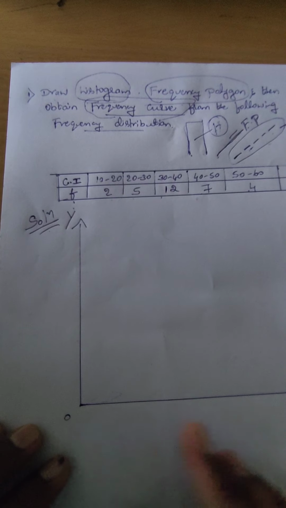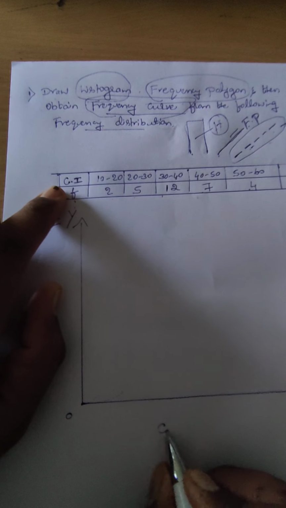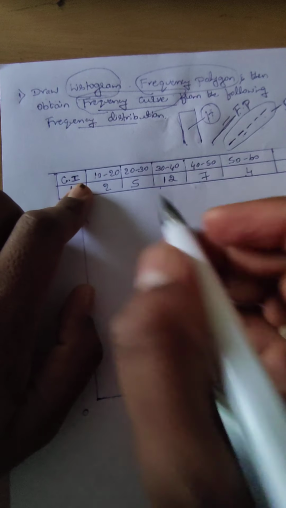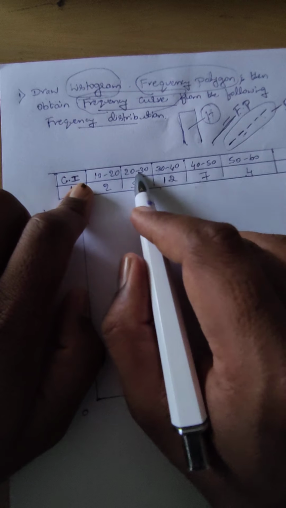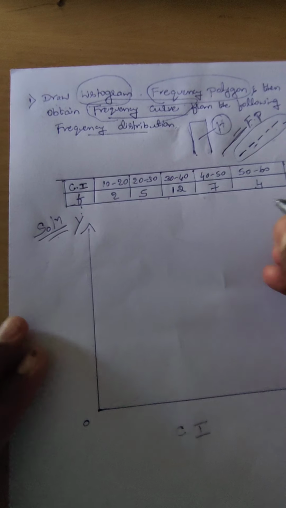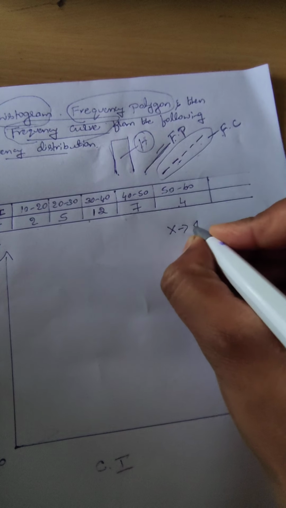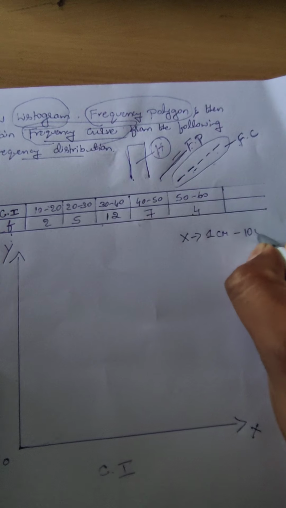The horizontal line we consider as the class intervals. The series 10 to 20, 20 to 30 is called a continuous series. On the x axis, the difference between class intervals is 10, so I will take 1 centimeter as 10 units.